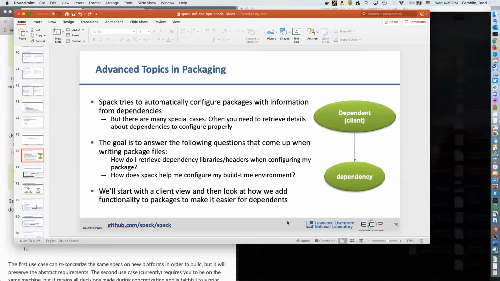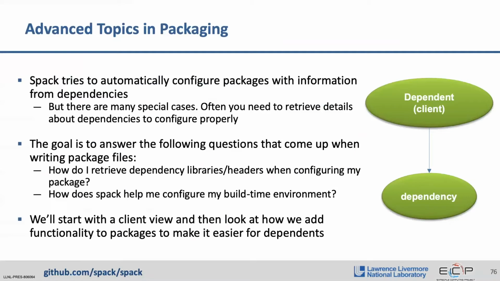Here we go. So, advanced topics and packaging. Greg showed you how to make basic packages. Spack also tries to automatically configure packages with information from dependencies. Like we talked about the compiler wrappers that Spack uses: if you say spack install, in the build environment you'll get compiler wrappers around all your compilers.